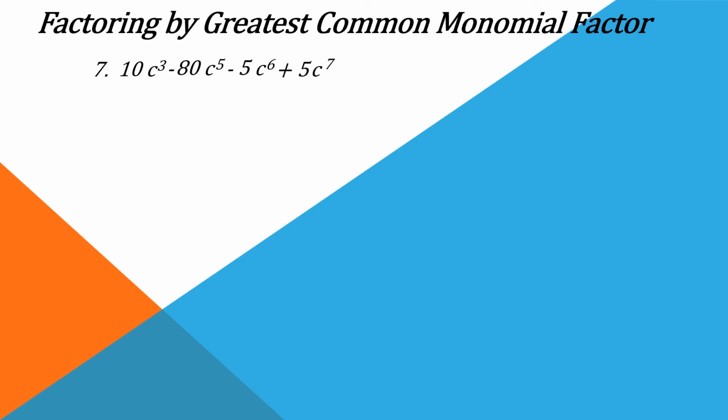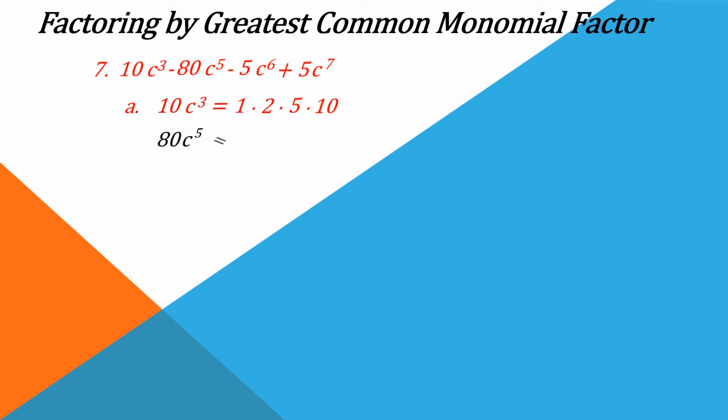And these are 10c cubed, 80c to the fifth, 5c to the sixth, and 5c to the seventh. Let us take the factors of each term. For 10c cubed, we have 1 and 10 and 2 and 5.